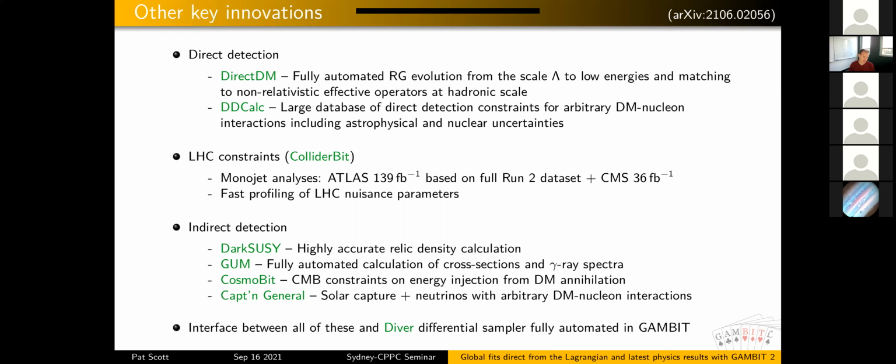And then using this external capture code, Captain General, we also had constraints from high energy neutrinos using IceCube, also using the nulike backend, based on the capture of these different dark matter particles with different momentum dependencies to their scattering cross sections. And then, yeah, this is all driven by GAMBIT and using, again, this Diver differential evolution sampler.